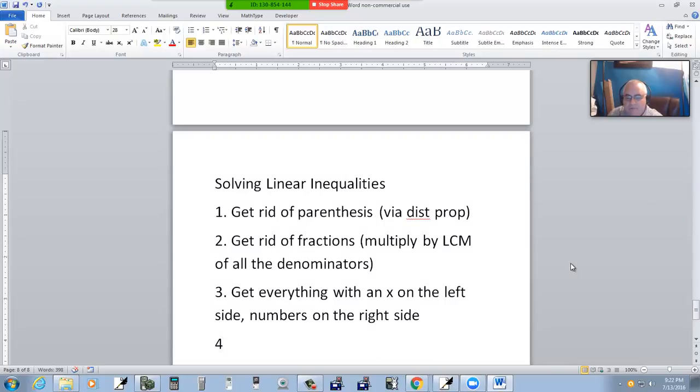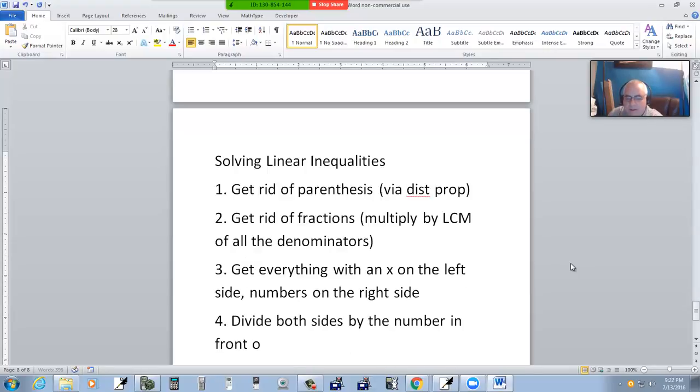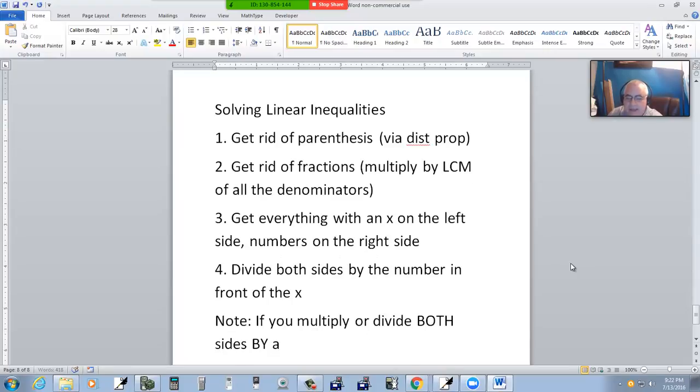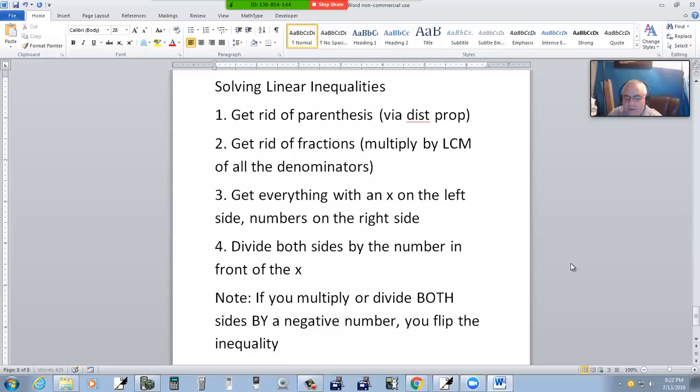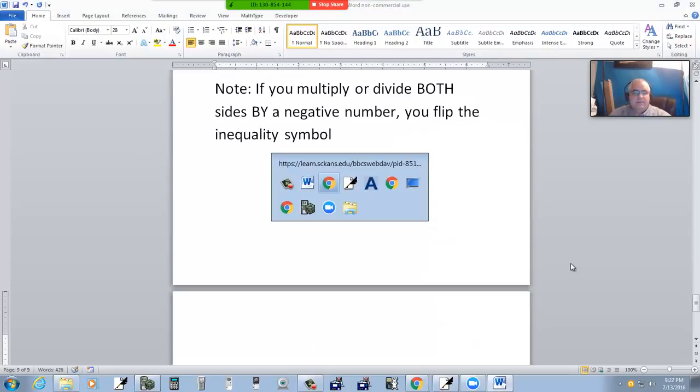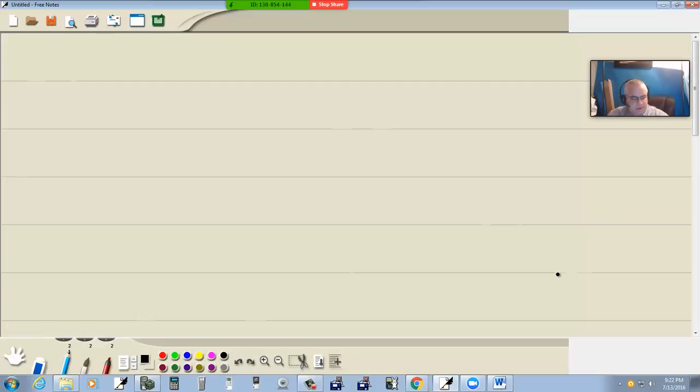Step 4, divide both sides by the number in front of the x. And we have a note that says if you multiply or divide both sides by a negative number, you flip the inequality symbol. Okay, just very quickly, let me show an example.